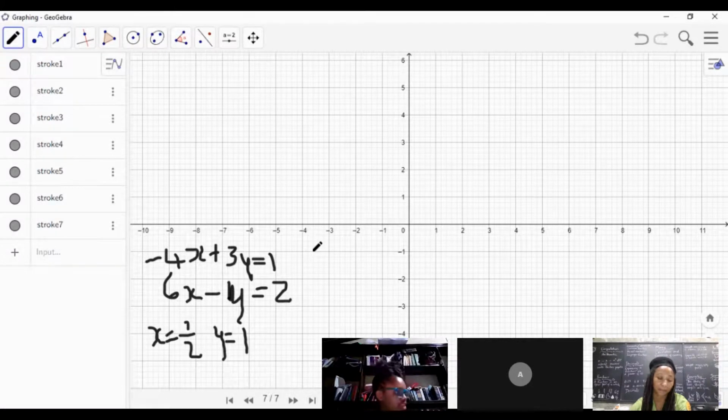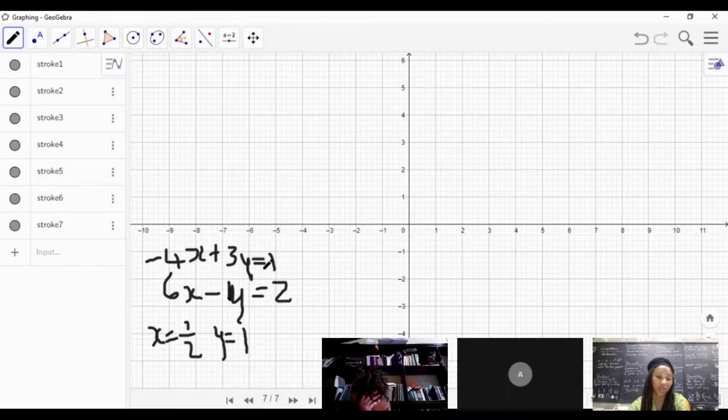No. If you are bringing over this, you would have 3y equals 1 plus 4x, right? And then you'd have to divide all of that by the 3. So you'd have 1 over 3 plus 4x over 3. Not just the 4x would be divided by 3, the 1 also. You'd have to draw a line under the two of them and put the 3.